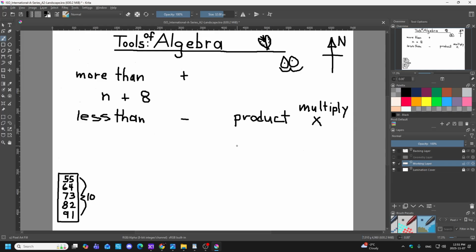So the expression can be written as 7 less the product of 4 and a number. Okay, product of 4 and a number.